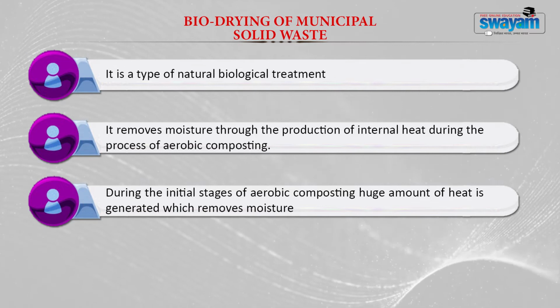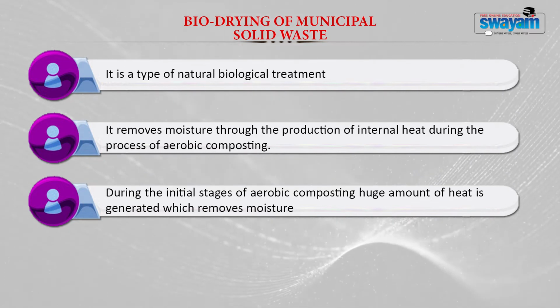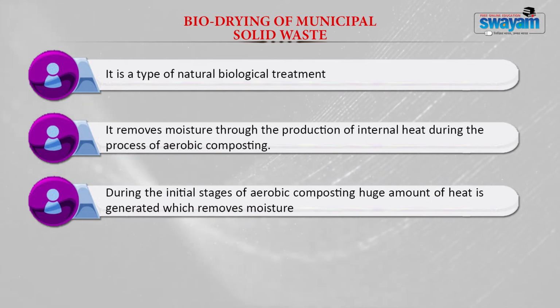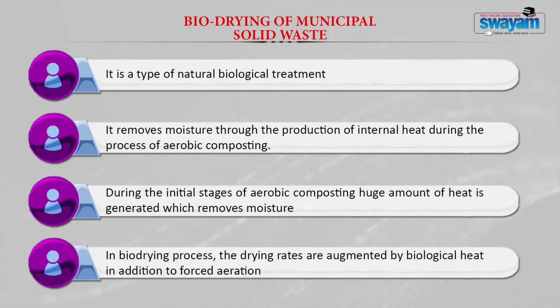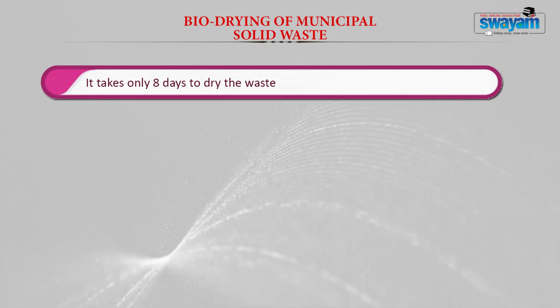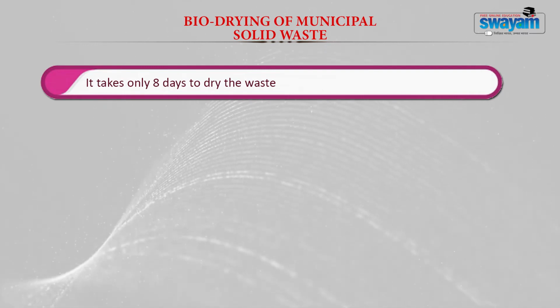When this heat is there, it will absorb or remove all the moisture present in the composting pit or pile. By doing so, when the moisture is removed, obviously your waste material will be dried. In the bio drying process, the drying rates can also be augmented with forced aeration. Generally, the bio drying process takes 8 days for drying the waste.